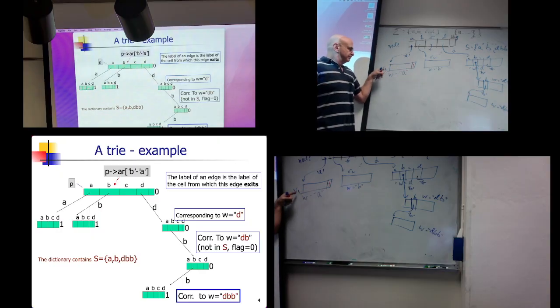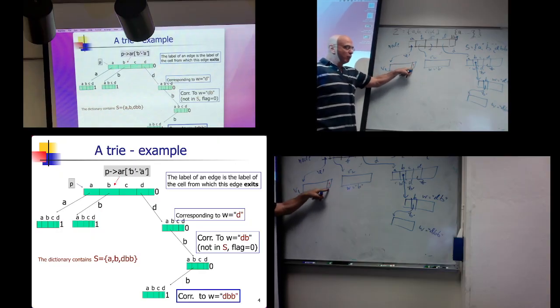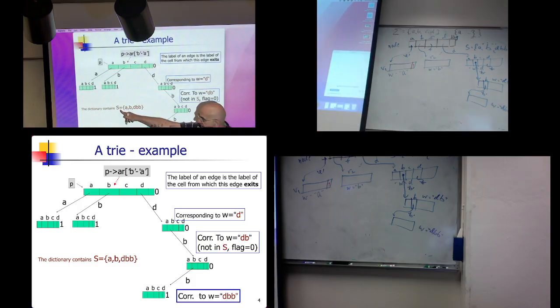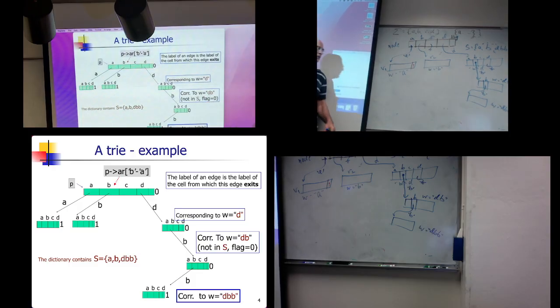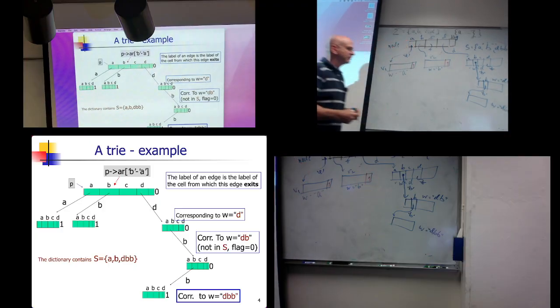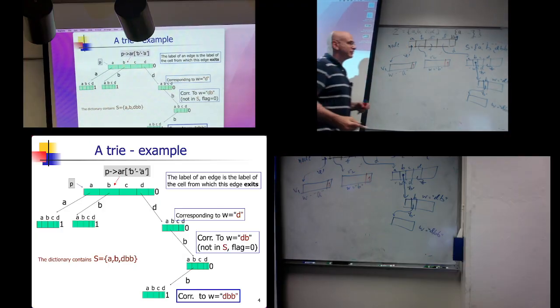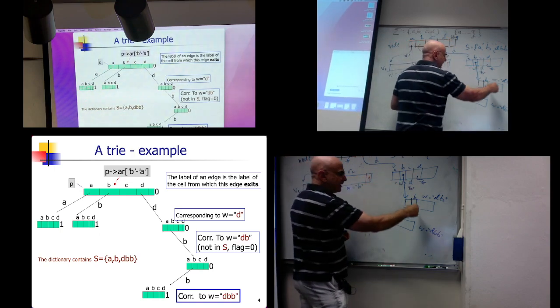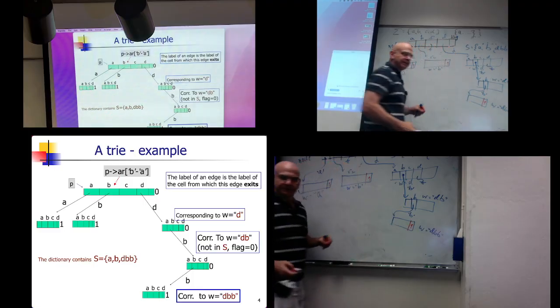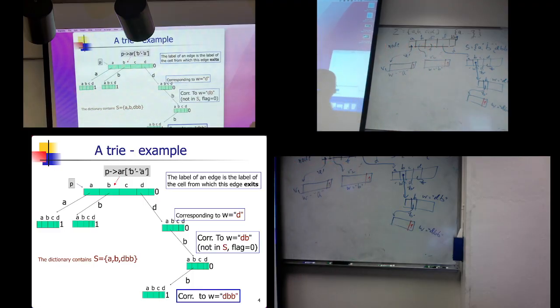So node V1 corresponds to the word A, don't confuse, not the letter A, is 1, because A is a word. As I said, S, the list of words, A is one of the students. 1, because B is one of the students, and DBB is also 1, because it's one of my students.